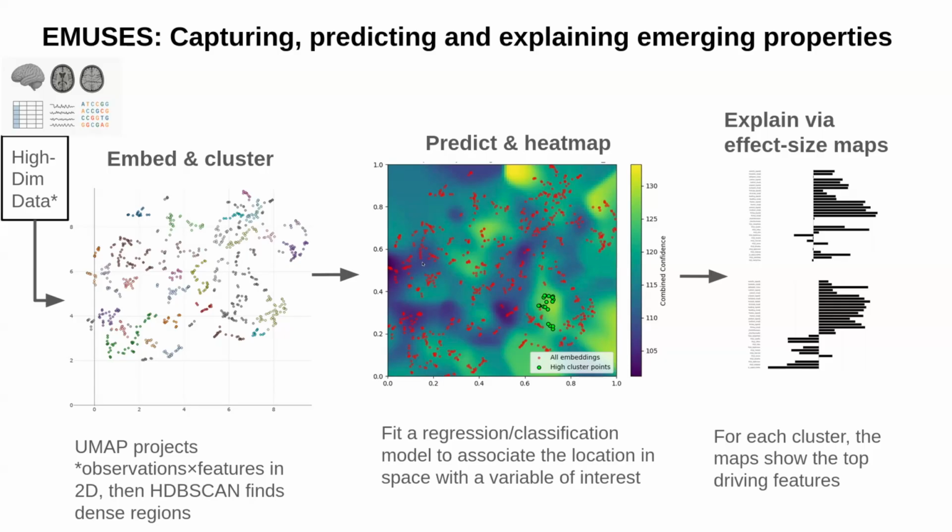And then we run statistics. So it's the same idea as the disconnectome symptom discoverer, but here we can do it on a bunch of other data types, data modalities.